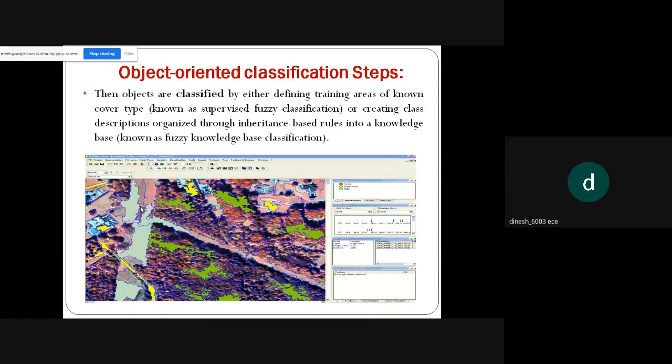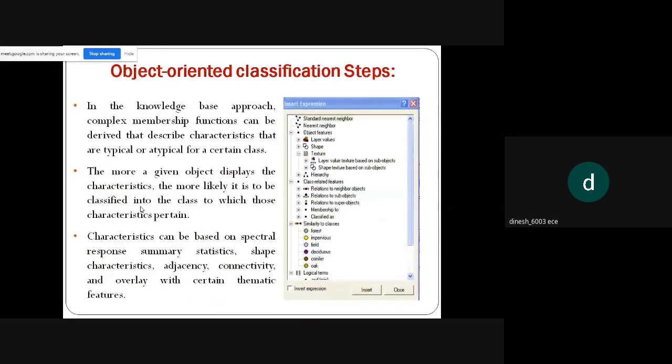It is known as the fuzzy knowledge base. Then object oriented classification steps. You can see on the right hand side, the options are given.